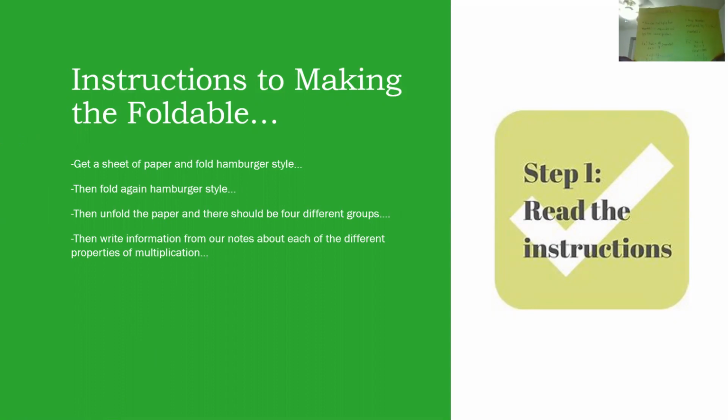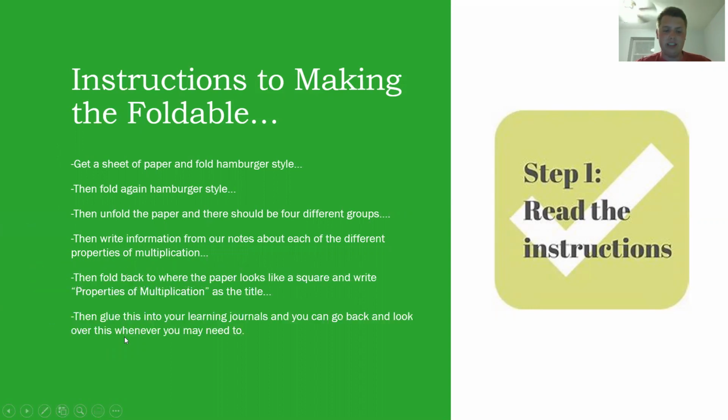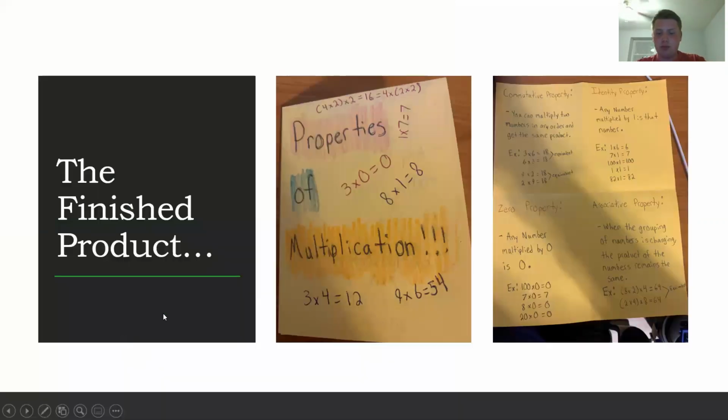I would like them to write the definition of each property and an example of each property, so that if they are doing homework and are stuck on a property, they can go back and see an example and figure out, oh, that one's the zero property, or oh, that one's the associative property. It will help them in the long run with multiplication.